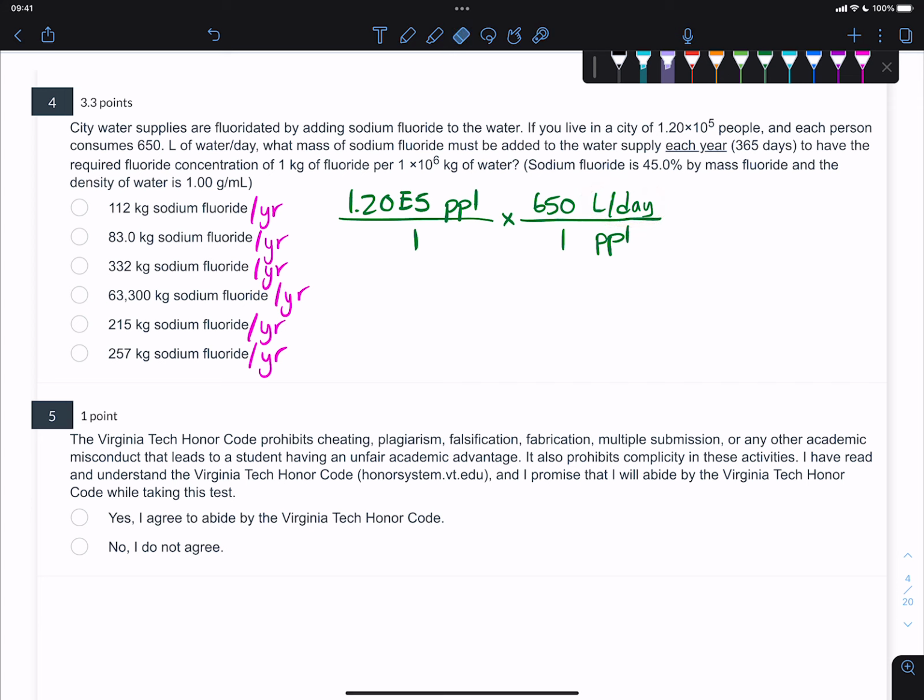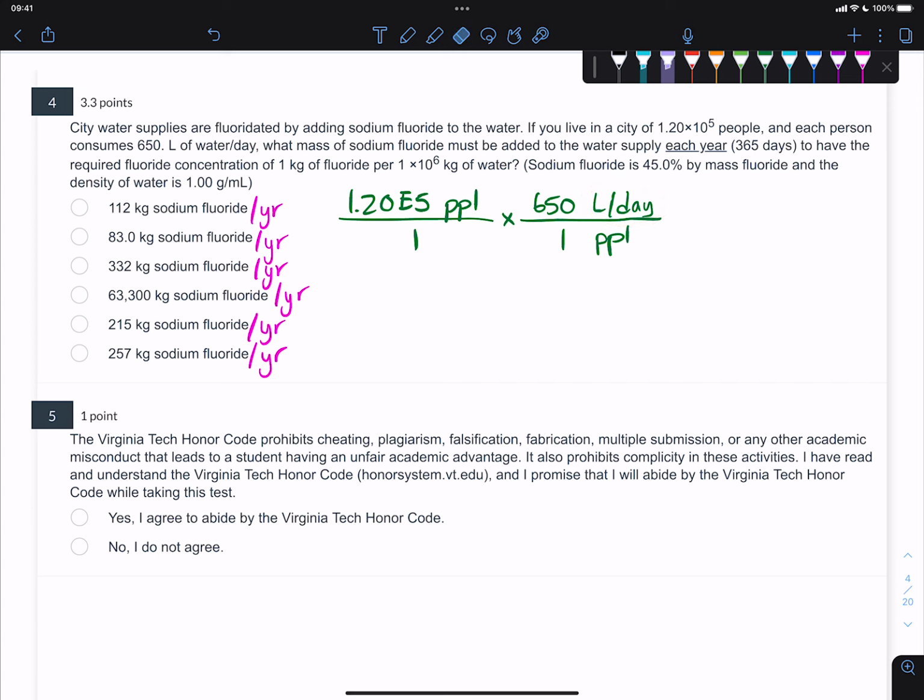So keep moving. Also, something interesting is, just in case you didn't know, a year has 365 days. So maybe right now you want to get rid of days. Since days is in the denominator here, you want to put days in the numerator next door. We're going to go from days to years. And we know that there are 365 days in 1 year.